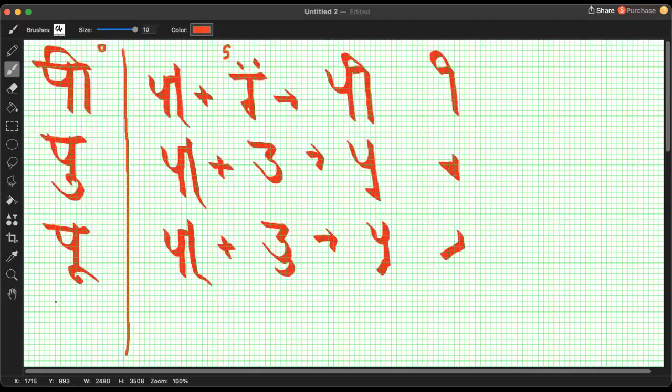Next we have Pru. This is Pru in Devanagari.